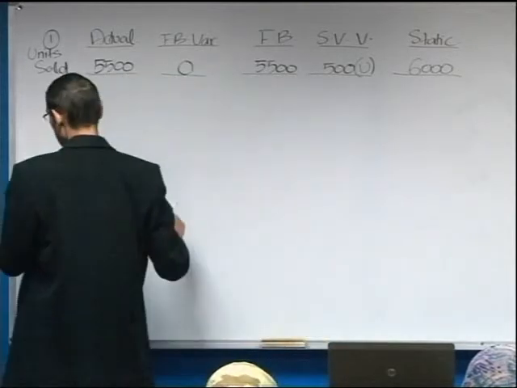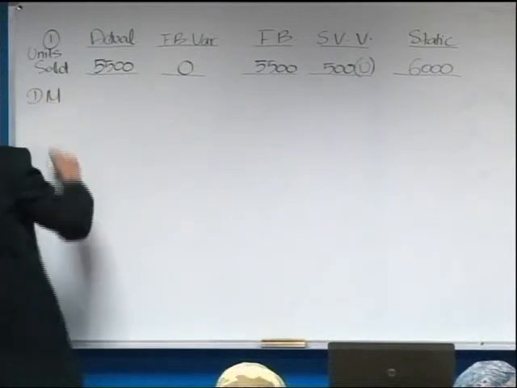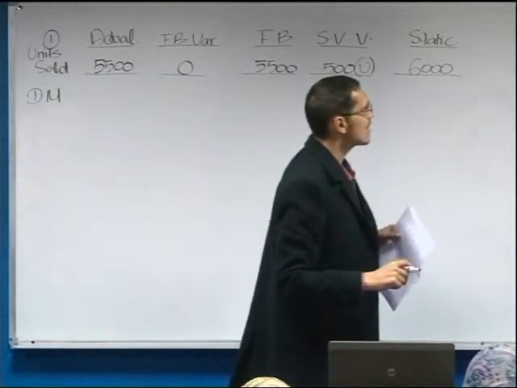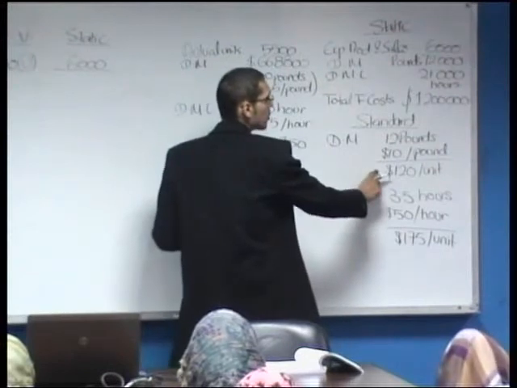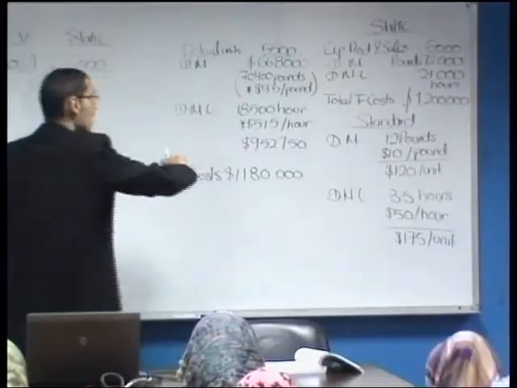Now, we have the direct materials. The direct materials, according to the static budget, would cost $120 per unit according to 6,000 units. Correct?